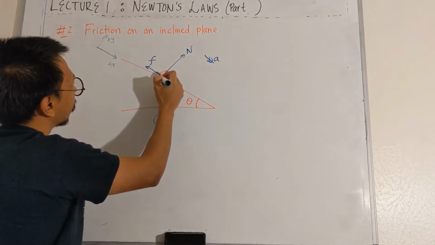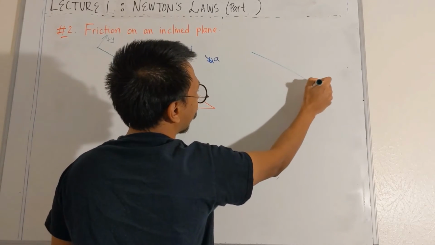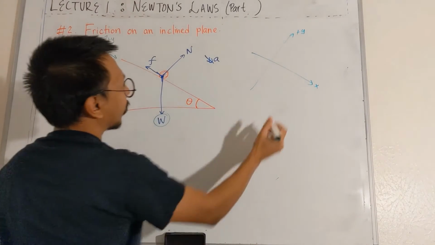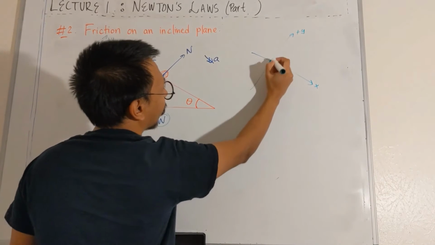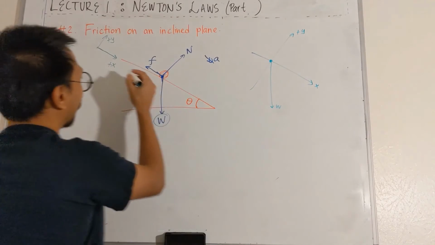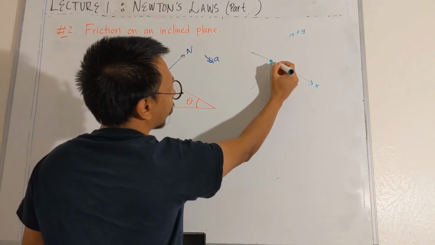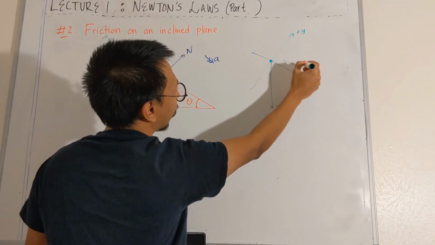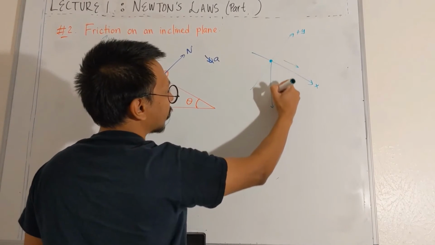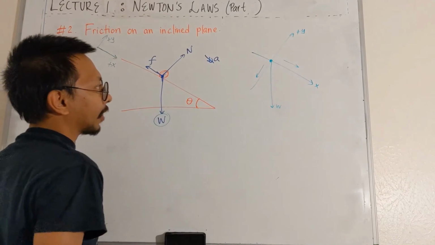If I enlarge this axis, you have plus x going this way and plus y going that way. The weight of the particle is straight down. As you go in this direction, x increases in a positive manner, and as you go in this direction, y is increasing in a negative manner.